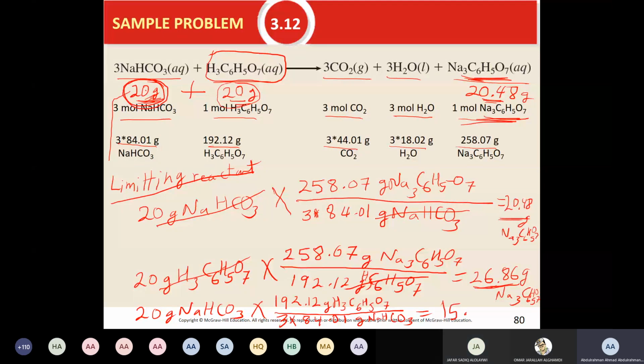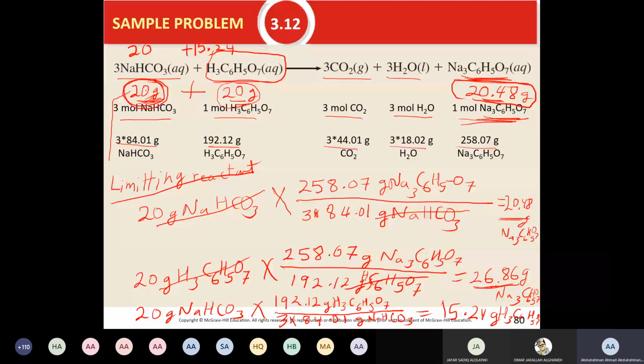15.24 gram of H3C6H5O7. This means 20 gram of this one will react only with 15.24 of this one and will make 20.48 gram of this one.